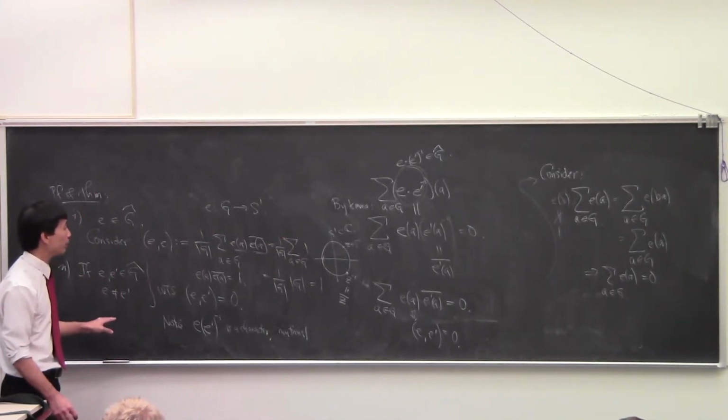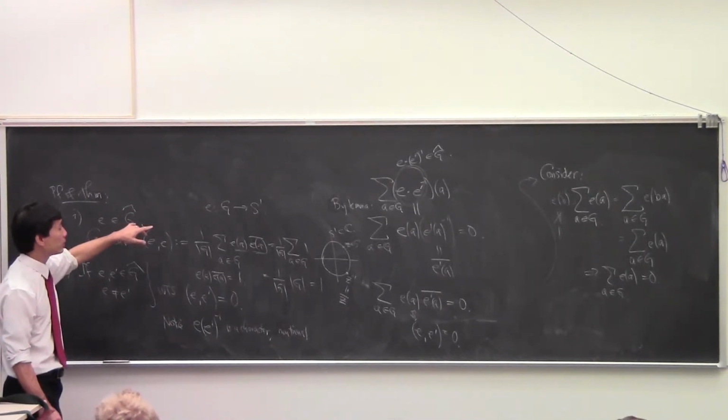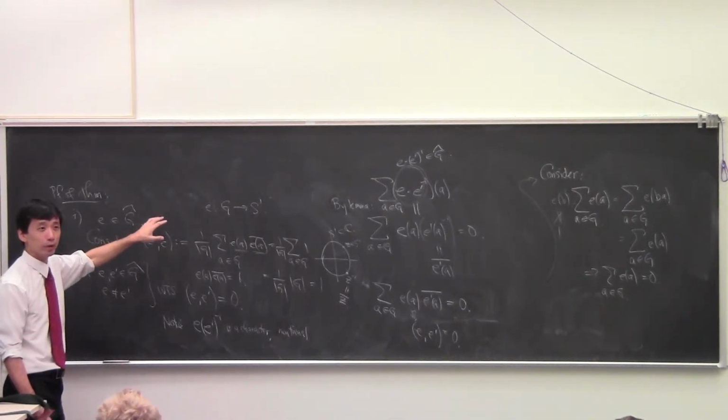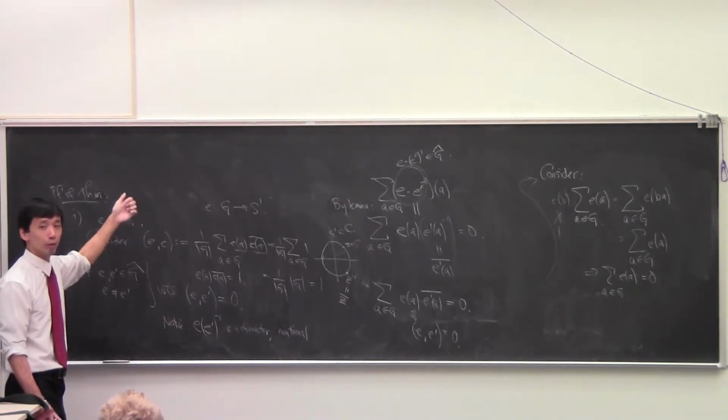So what we've done is just shown that the collection of characters is an orthonormal family.